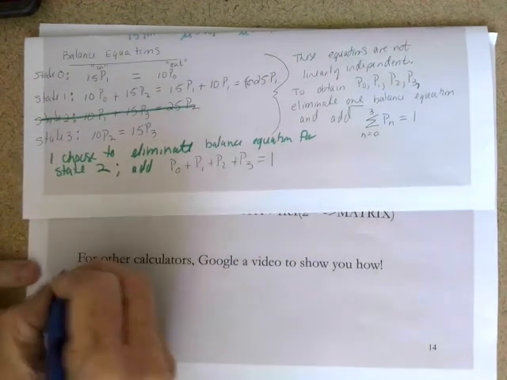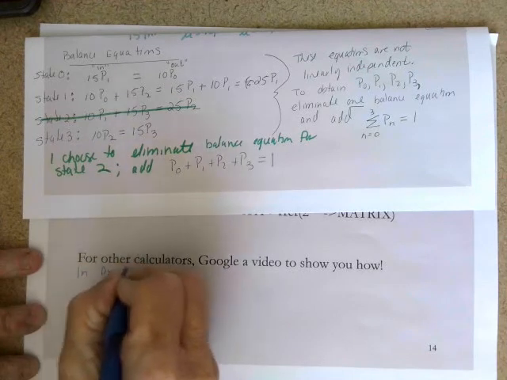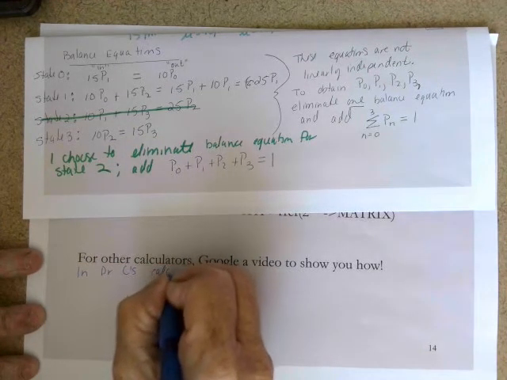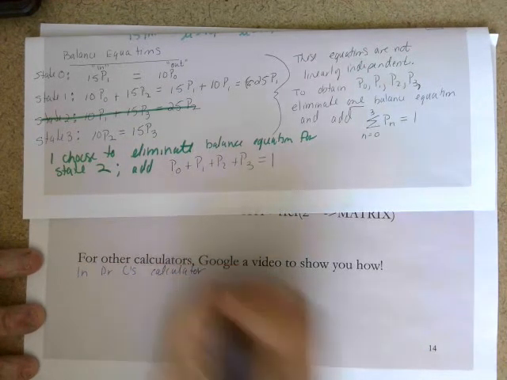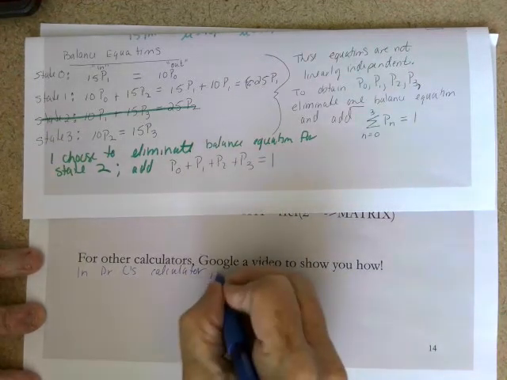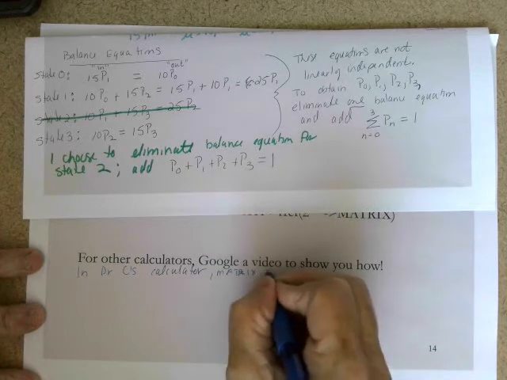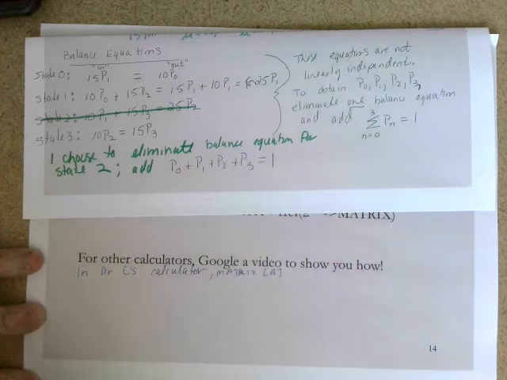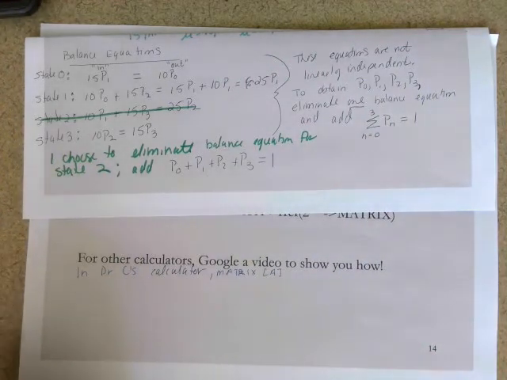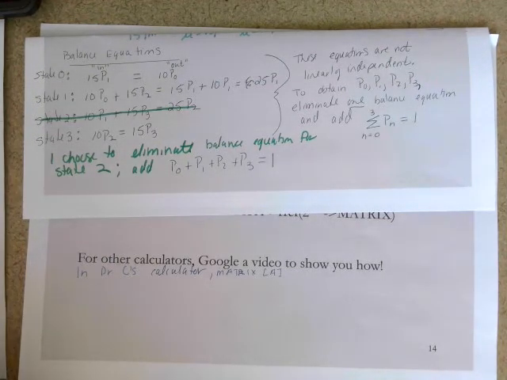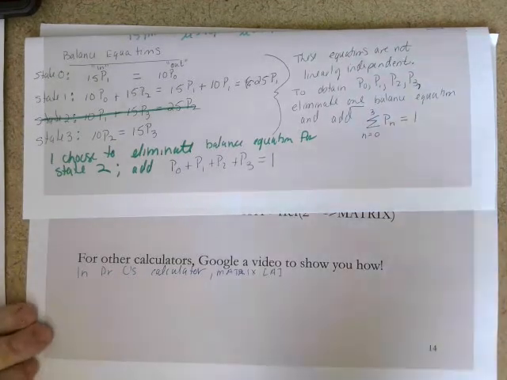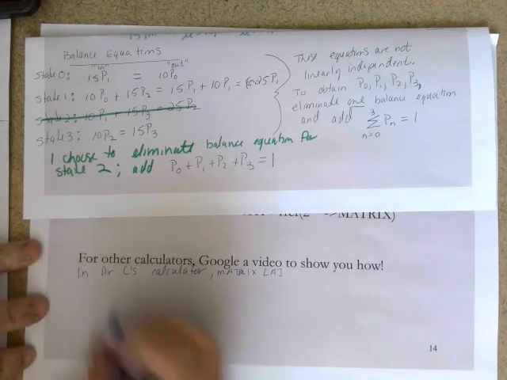So in Dr. C's calculator, I created, I called it matrix A. I would just Google how to do this. It works really well, and I don't even use 2% of what I should on my calculator. But this is the way I put it into my calculator.